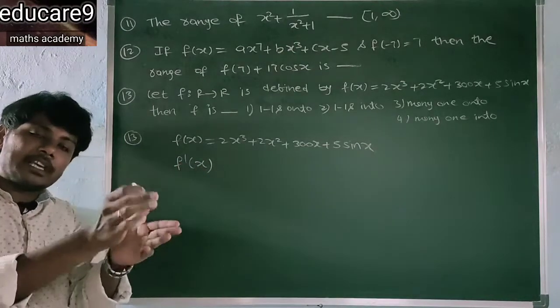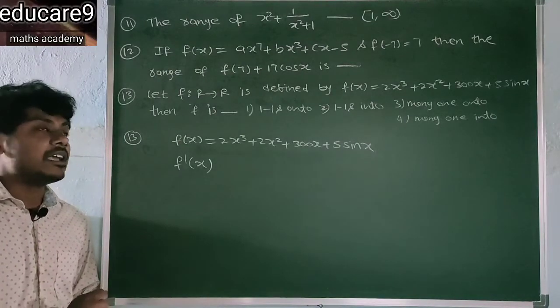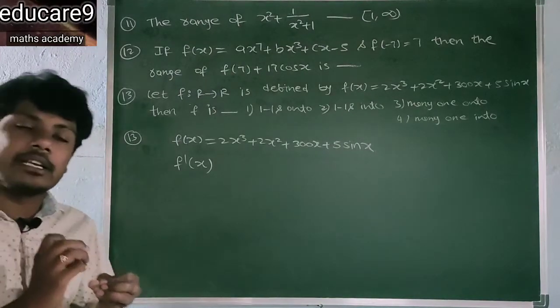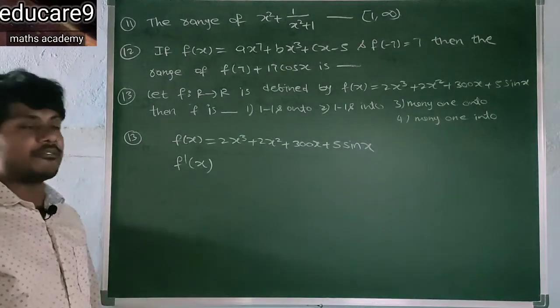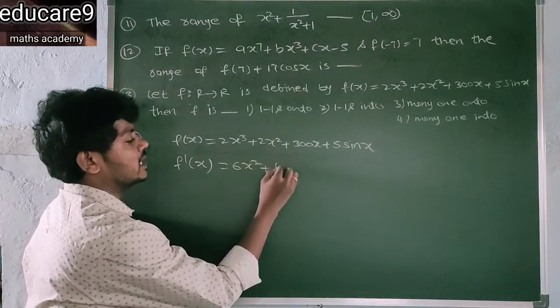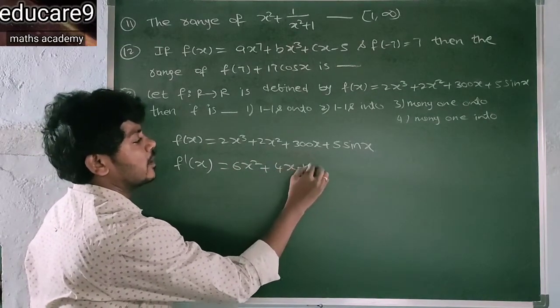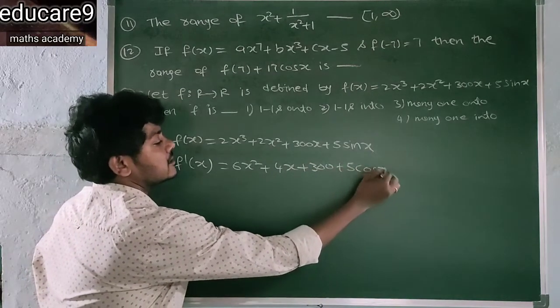If f dash of x is greater than 0, that is strictly increasing. Every strictly increasing or strictly decreasing function is one-one. So therefore f dash x is 6x square plus 4x plus 300 plus 5 cos x.